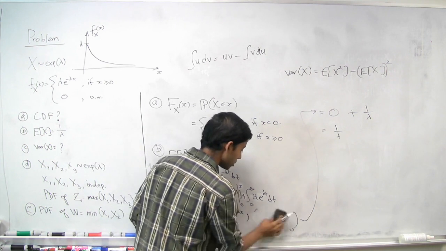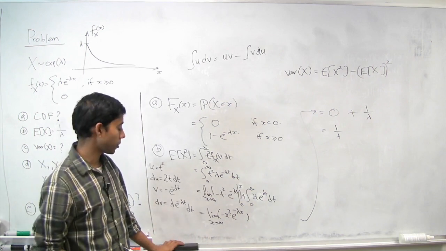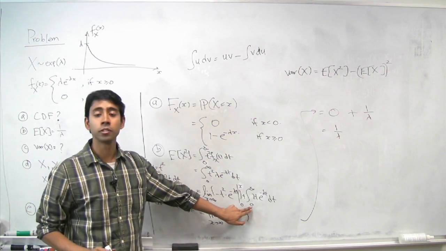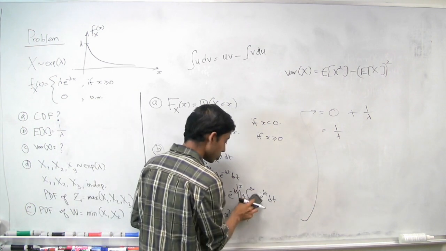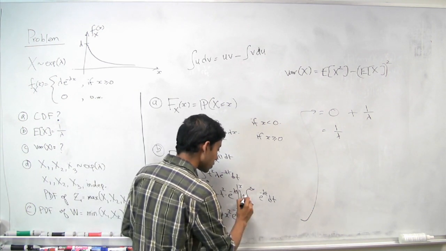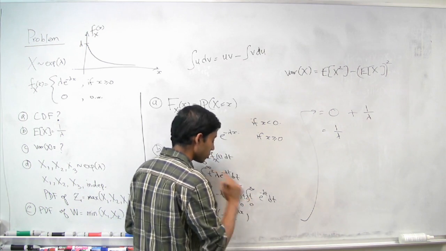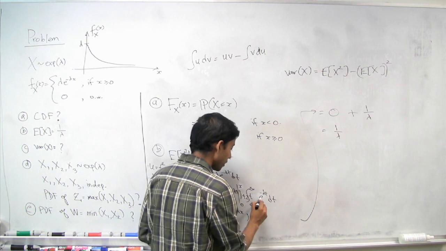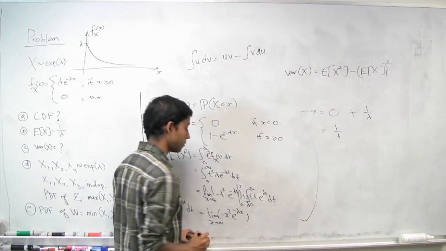And this integral is going to change. In order to do this integral, we can use a trick. There's a 2t here. We can move the 2 in here, leave the t inside, and multiply by lambda and divide by lambda.